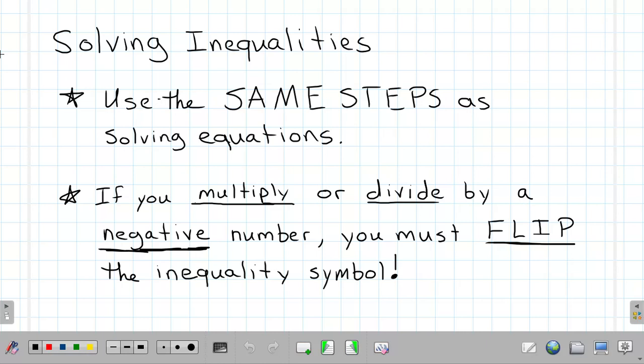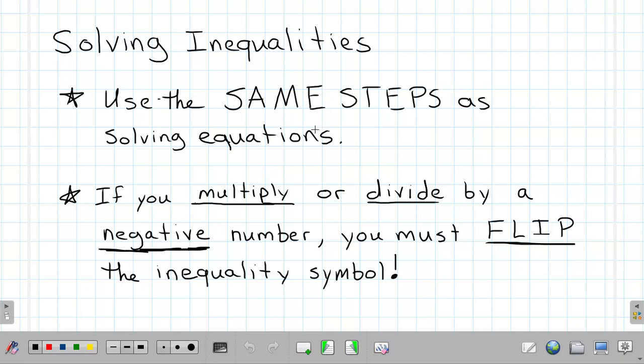So everything up to this point should have maybe been a little bit of review. Once again, if you don't remember it or you've never seen inequalities before, make sure you get the rest of that stuff down, because now we're getting into solving inequalities. The big thing to remember about solving inequalities is that we use the same steps as solving equations.